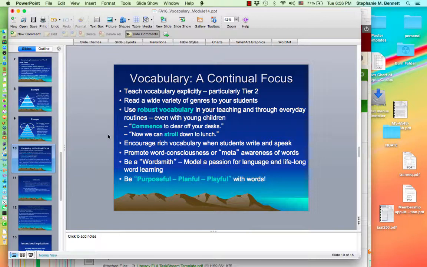Promote word consciousness or meta awareness of words. And be a wordsmith. Model a passion for language and lifelong word learning. When you come across new words that are really cool and interesting, sharing those out with your students is really important. So ultimately, be purposeful in your vocabulary instruction, be planful in your vocabulary instruction, and be playful with words in your classroom.